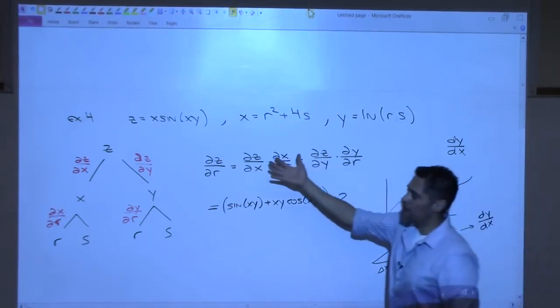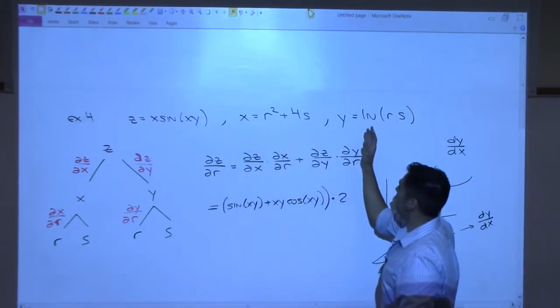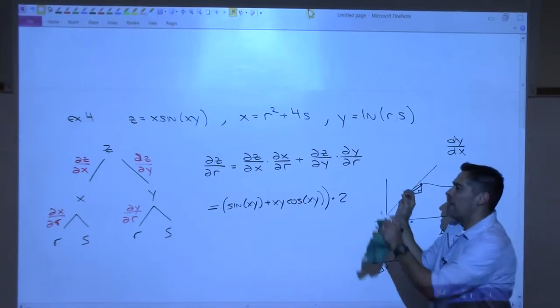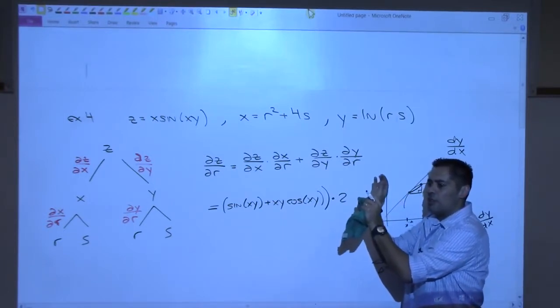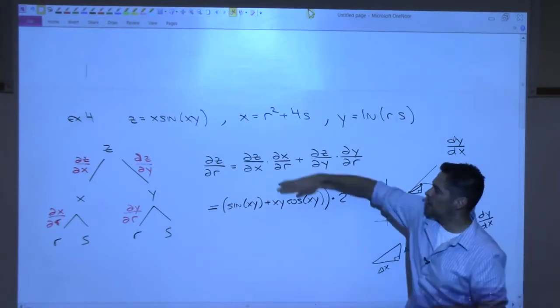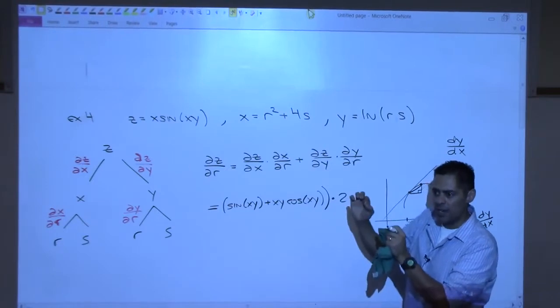This is saying if z depends on x and y, and x depends on r and s, and y depends on r and s, then if I just allow r to change a little, how much will z change by? That much. You see? That's the formula to compute that change.